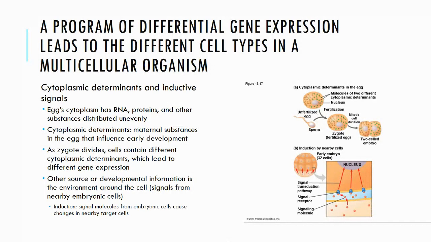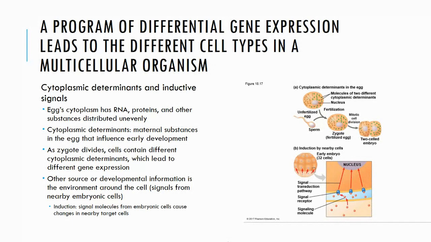And as that zygote divides, the cells contain different cytoplasmic determinants, which lead to different gene expression further down the line. Another source of developmental information is the environment around the cell, so signals that it gets from nearby embryonic cells. Induction is when the signal molecules from the embryonic cells cause changes in nearby target cells.